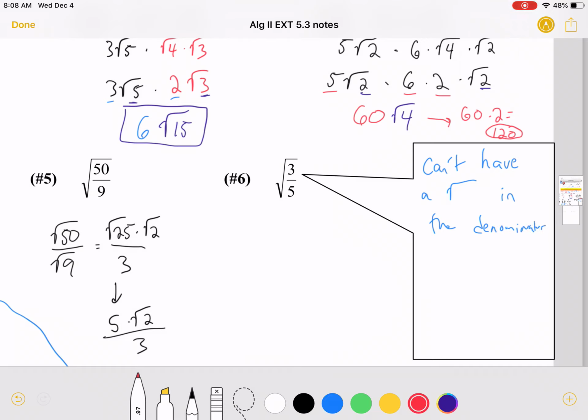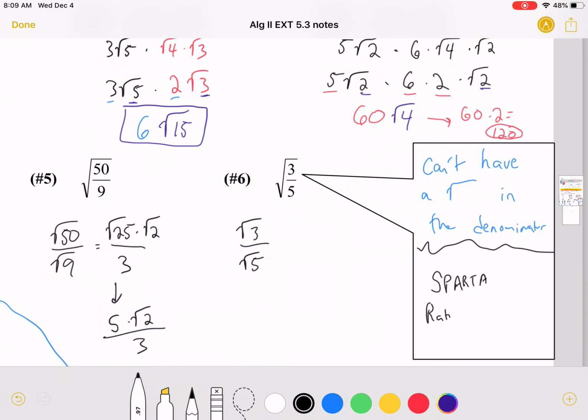Now, if you plugged the square root of 3 over the square root of 5 into a calculator, it would spit out an answer. However, that is what I like to call Sparta math. I'll explain that more in person, but it's bad math grammar. We can't have it.